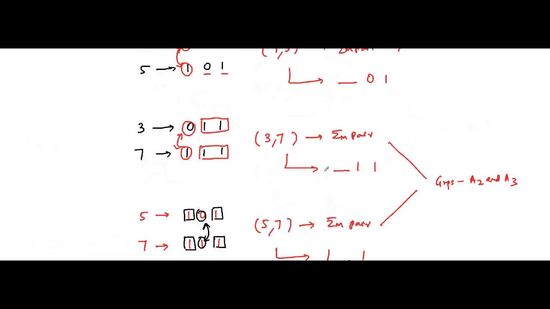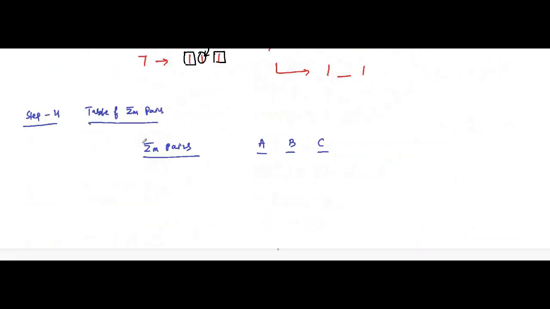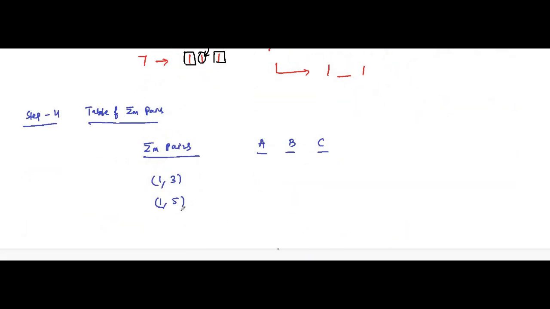So the minterm pairs that we formed are 1, 3, 1, 5, 3, 7, 5, 7. Okay, let us write them: 1, 3, 1, 5, then 3, 7, 5, 7.